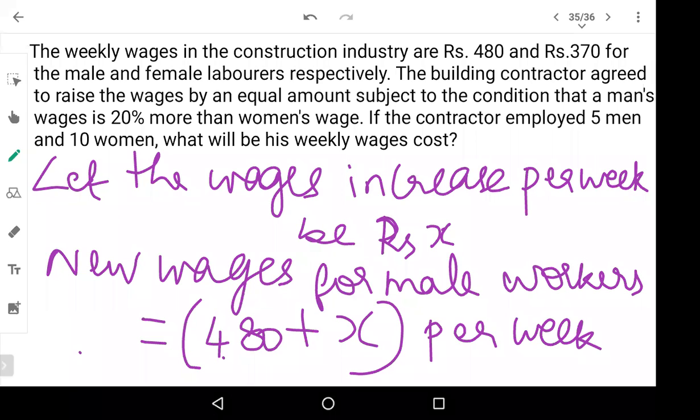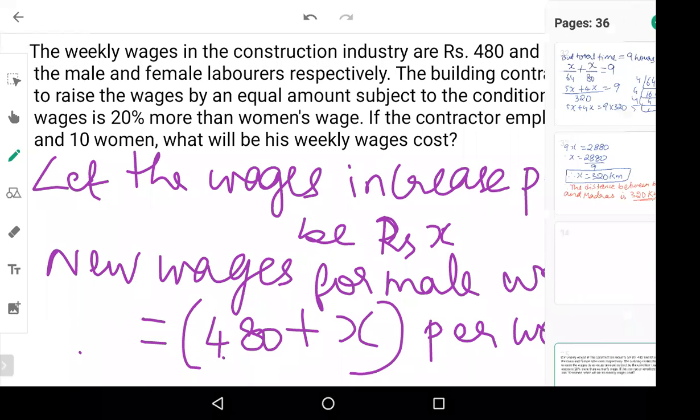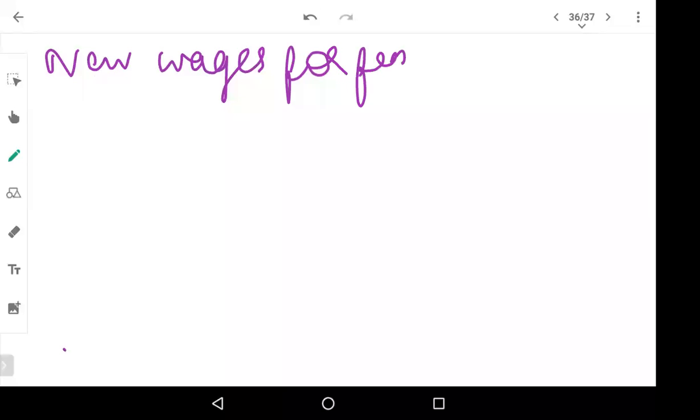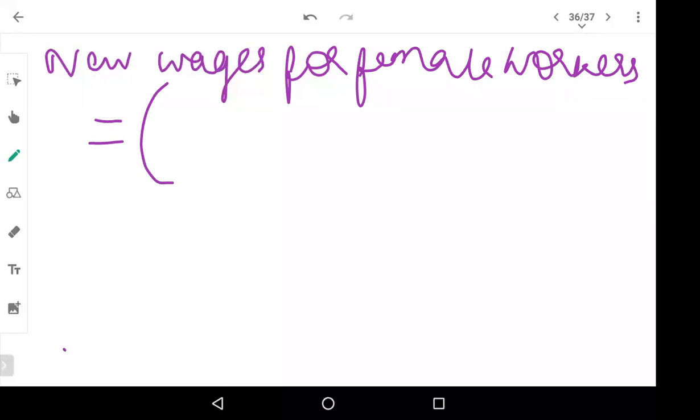Now, similarly, let us also do this for female workers. New wages for female workers. The original wages for female workers was 370.